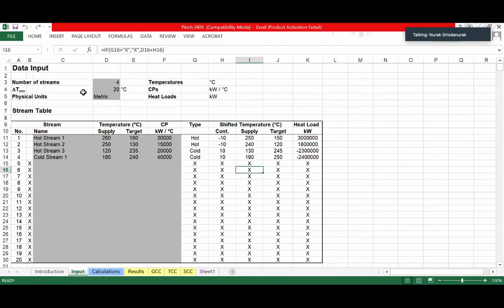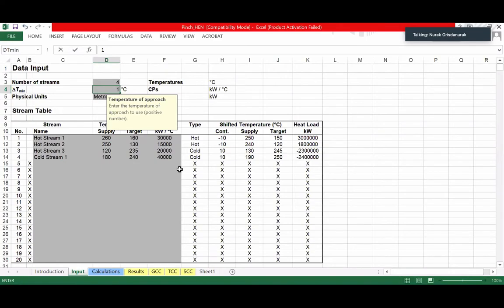Okay, let's see the input. In this Excel file, how many streams do we have? 4, right? The minimum temperature difference that we used just now is 10. Okay.